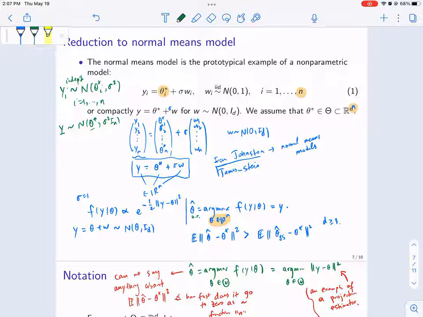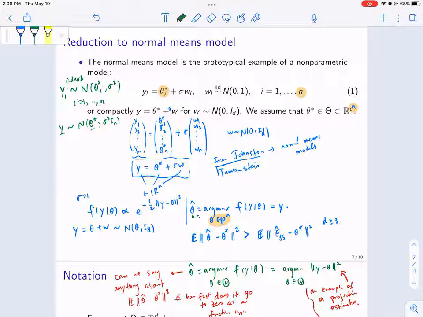Let's say the scale of the error still scales like n. You can do better, let's say strictly better, but this is still not a good estimator in general, because as n grows, this is going to grow with n. So if you want to do consistent estimation in some sense, you have to impose some condition on theta star.